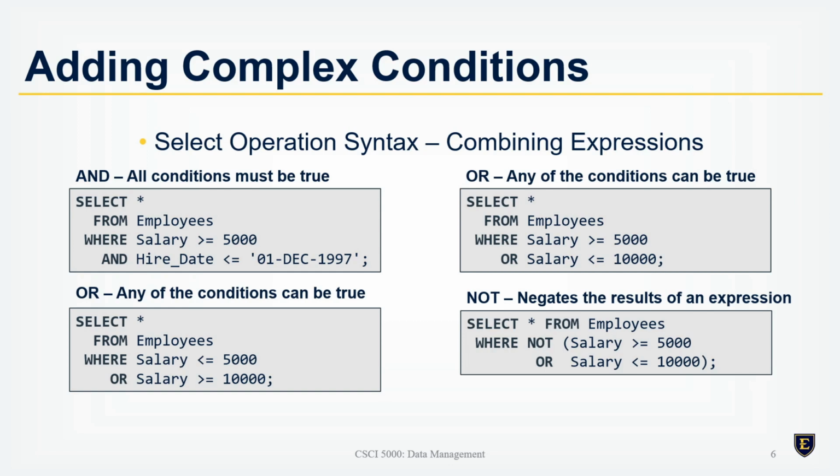If we have the same condition here, which says we can get anything, what does this give us? Well, this would give us nothing because it's negating the results. If this would give us anything, then this would give us nothing. We have to remember that again when we are combining expressions like this.